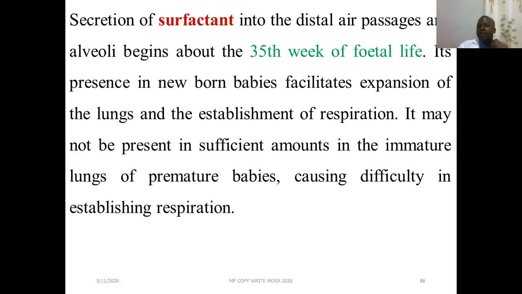It may not be present in sufficient amounts in the immature lungs of premature babies, causing difficulties in establishing respirations. This is the reason why premature babies have difficulties in breathing, because they lack surfactant.